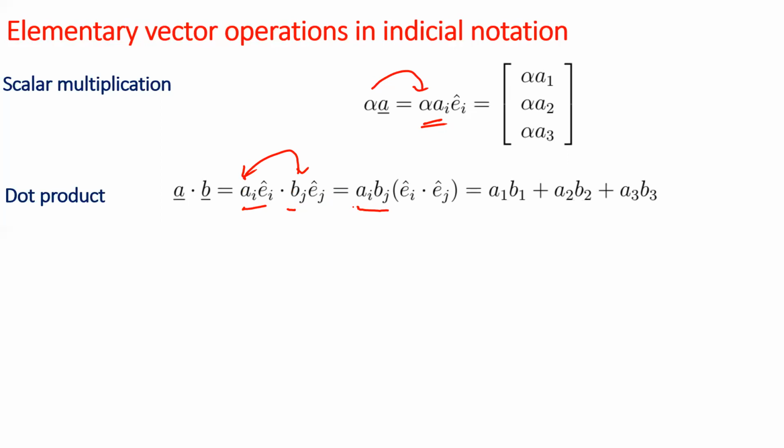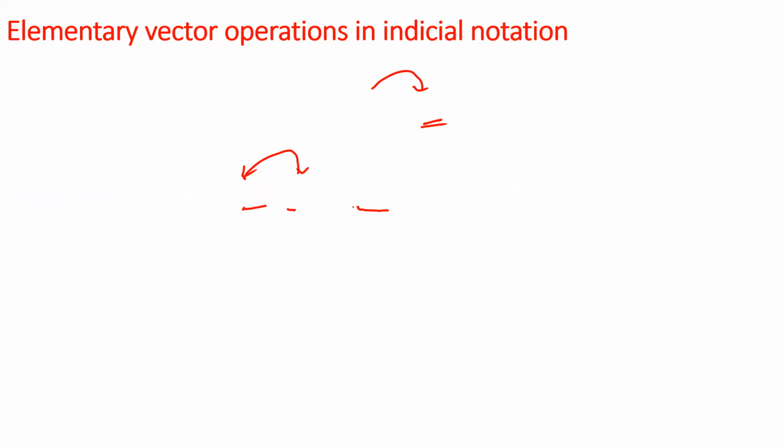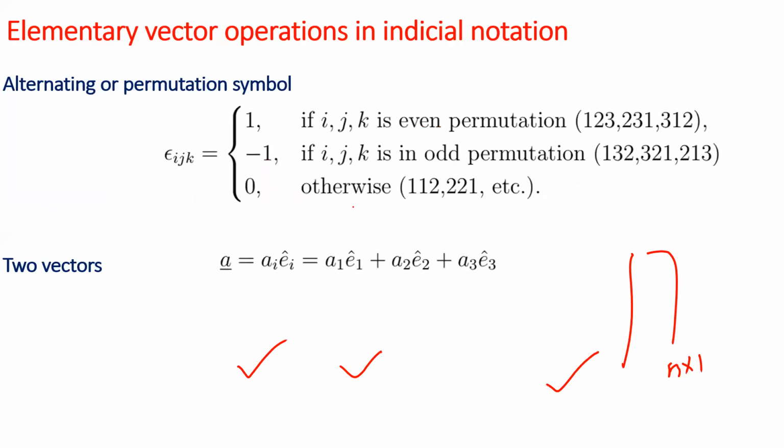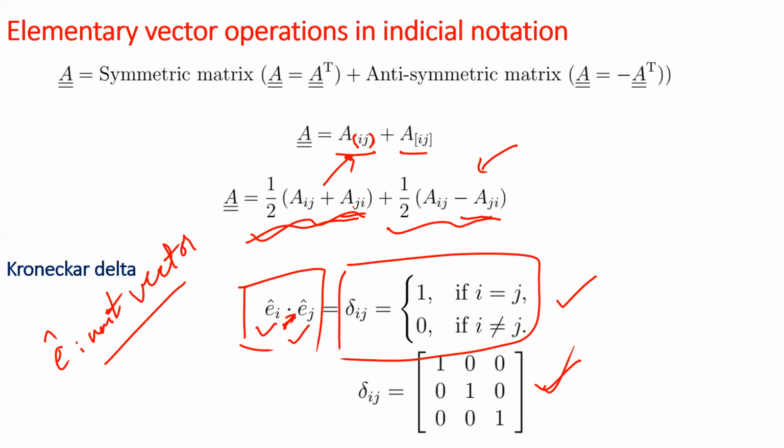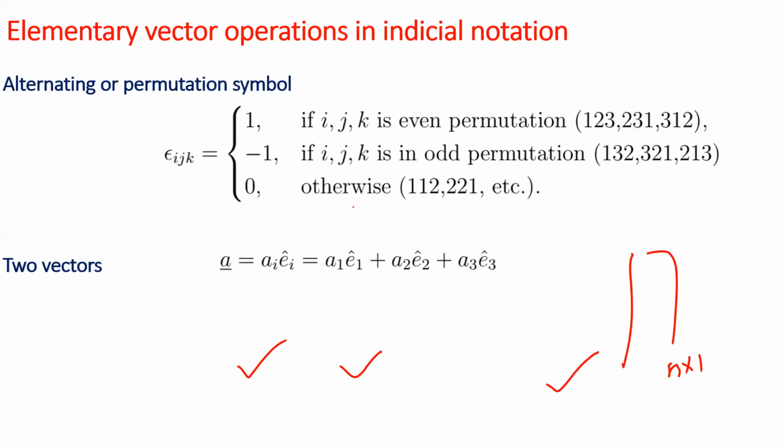Then I have two unit vectors, e_i hat and e_j hat. e_i dot e_j, as we have seen in the previous slide, is nothing but delta ij. And delta ij survives or has a value only when i equals j. So I'm going to use that concept here.